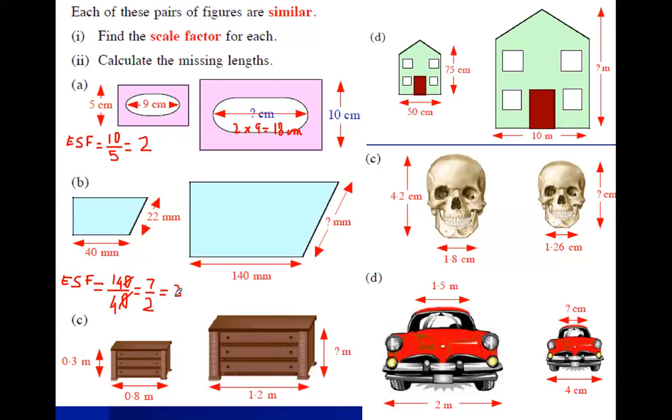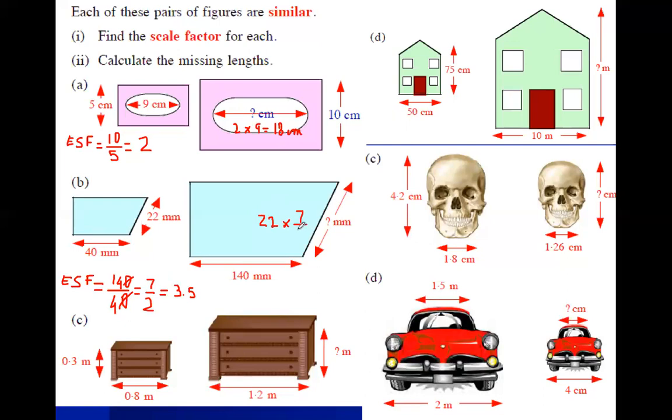Yeah. So if you got a question like this, no calculator, it's better to keep the fraction, because this here is 22 times your scaling factor, 7 divided by 2.